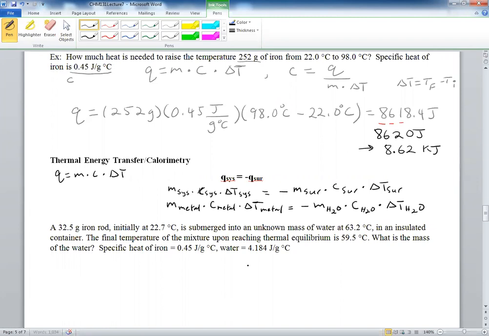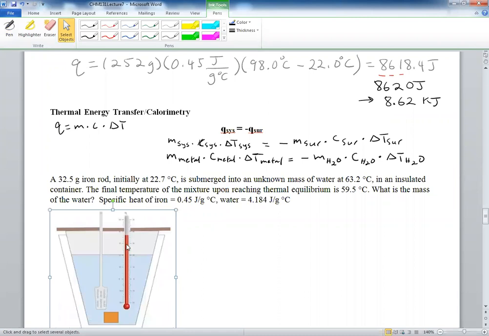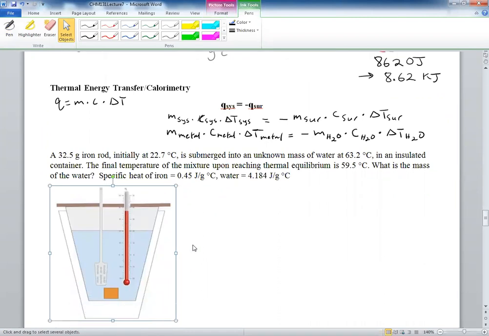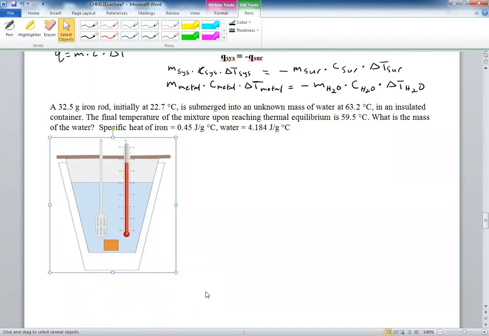Once again, I did not forget that negative. The negative can be on the other side as well. So let's go over this problem. And I have a picture here that will be helpful for us to represent the scenario.